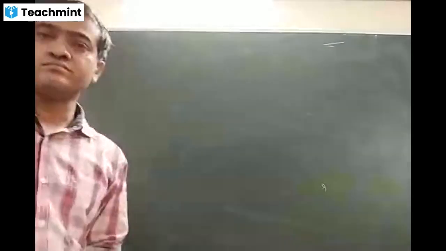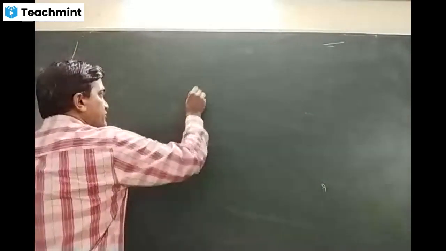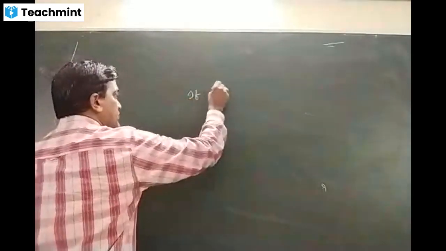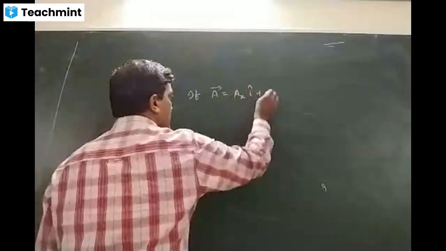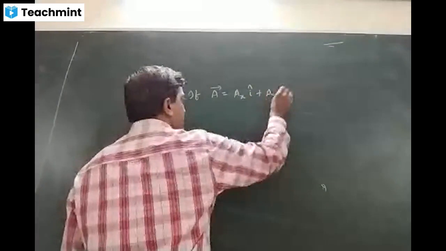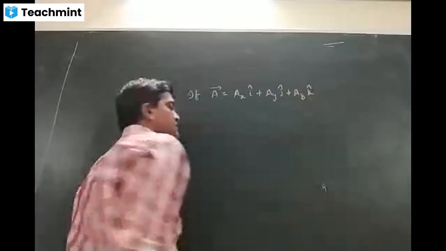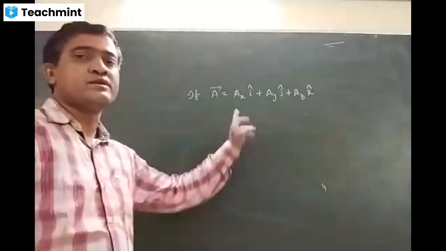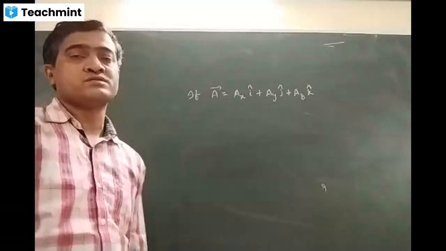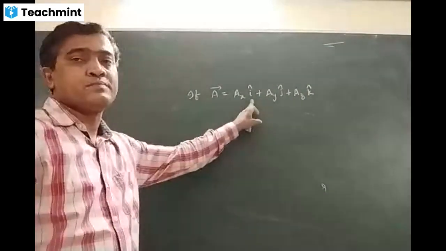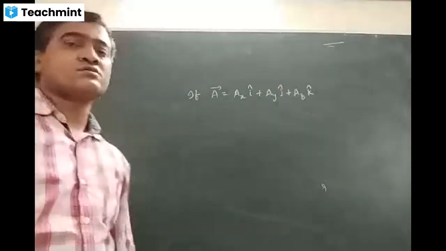Now, let me show you. If A bar is equal to AX into I cap plus AY into J cap plus AZ into K cap, that means I have resolved vector A bar into three mutually perpendicular components, AX acting along I cap, AY acting along J cap and AZ acting along K cap.